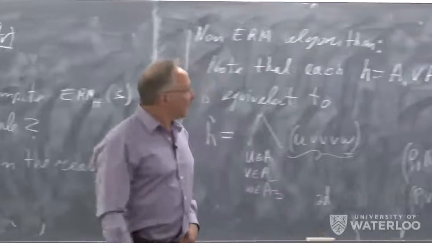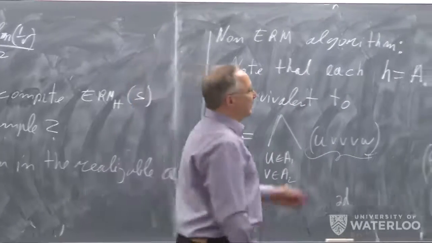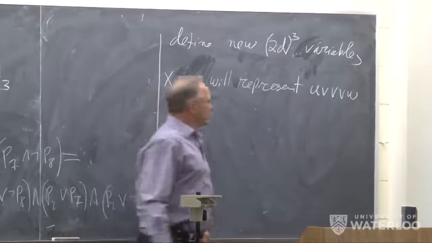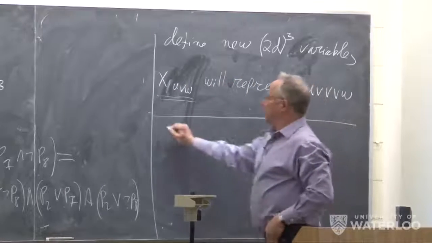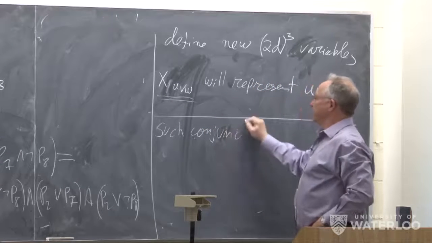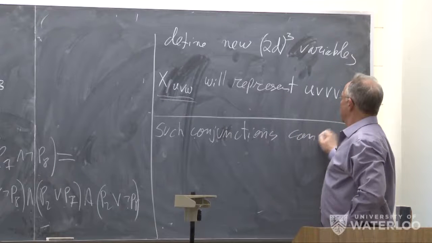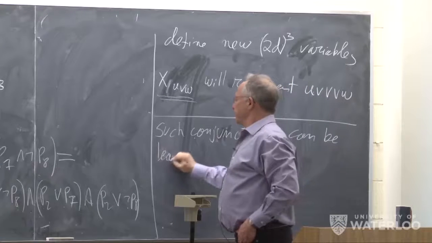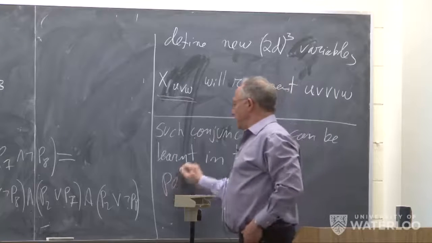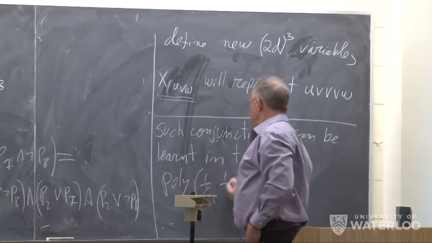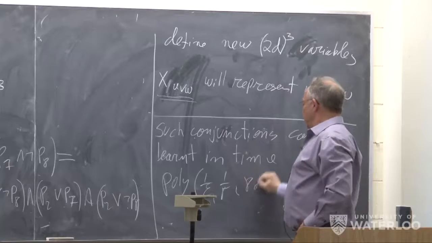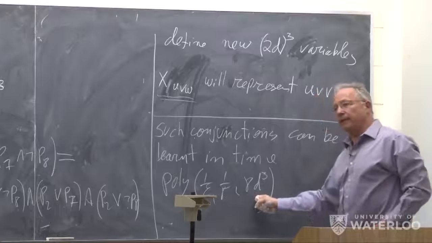But we can learn such conjunctions in time polynomial in 1 over epsilon, 1 over delta, and this new number of variables, 8d cubed. But this is polynomial in d.